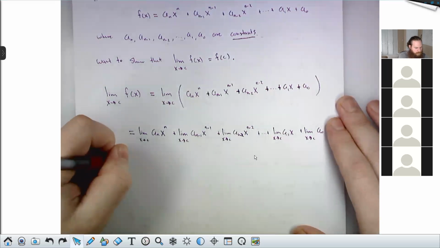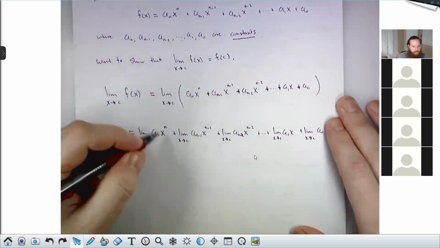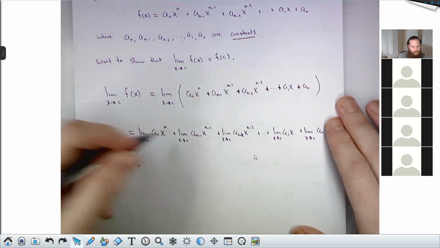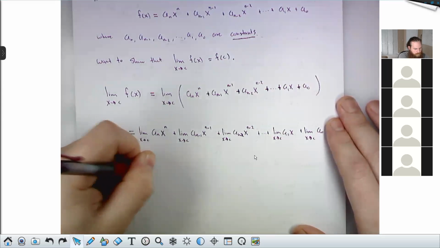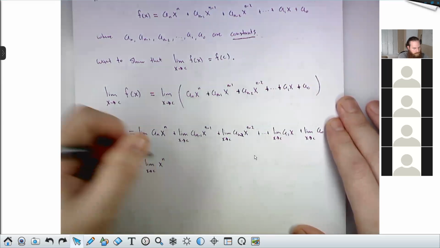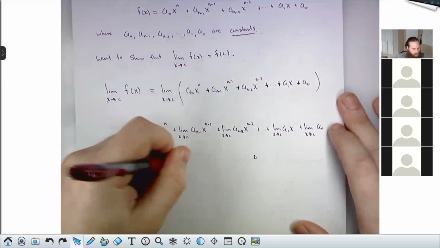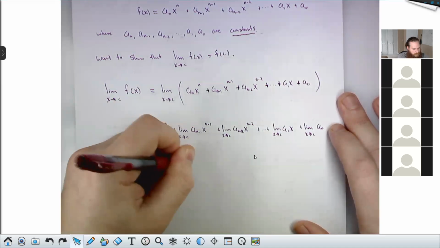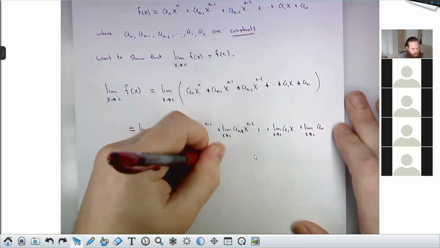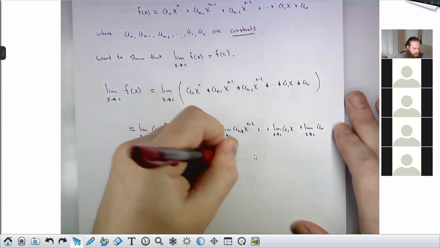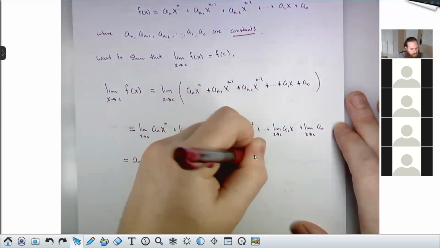Next, I can pop out those constants. An is a constant. It's multiplying this little function, and I'm trying to take the limit of that constant times that function. So he will pop out, and I get an times the limit as x goes to c of x to the n. And I can do the same in all of these, plus an minus 1, limit x to c, x to the n minus 1, plus an minus 2, limit x to c, x to the n minus 2, and so on.